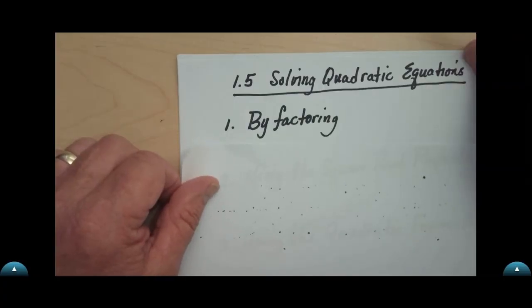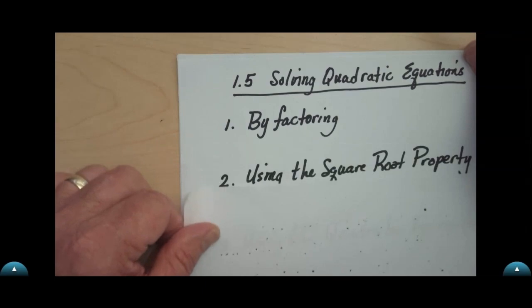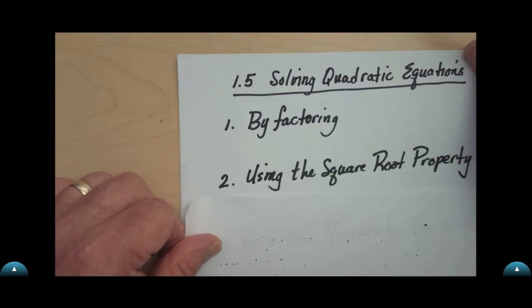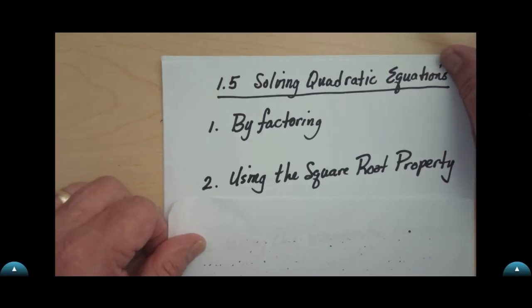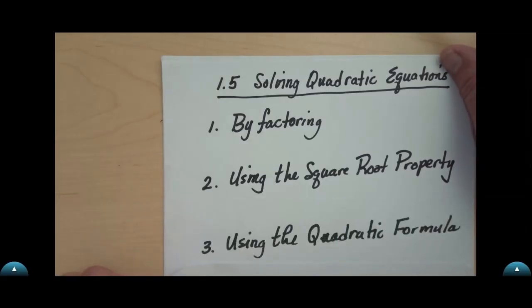We're going to first look at how you can solve them by factoring. Then we're going to look at the square root property. And finally, the quadratic formula. These 3 methods are all fairly important.